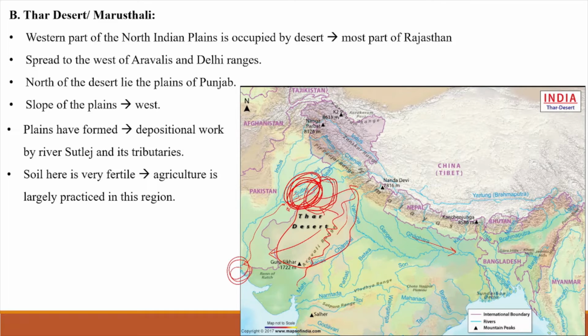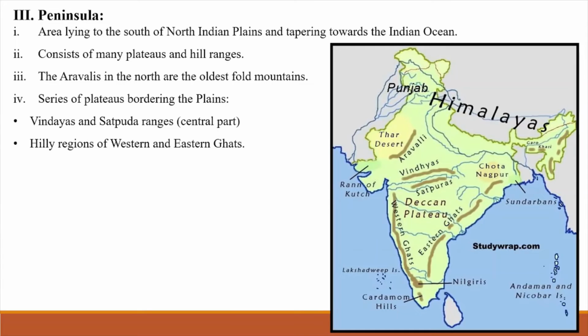The soil over here is very fertile and agriculture is practiced on a large scale. So there is fertile soil, there is availability of water. Therefore, the major occupation in Punjab is agriculture because it has a lot of rivers surrounding it. Then let's move on to the next physiographic division, that is the peninsula.